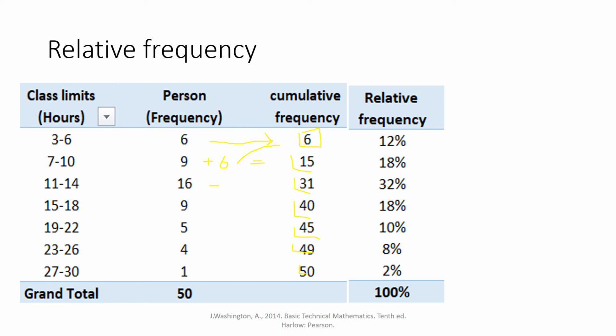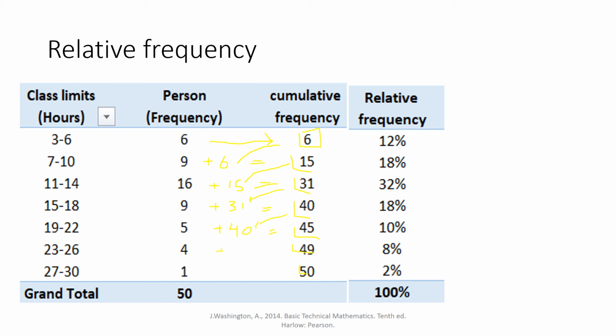Then this 15 will be added here with the last frequency, and the answer is here. Then this 31 will be written here and added with 9. Then it will be 40, plus 5, because this 40 comes here.